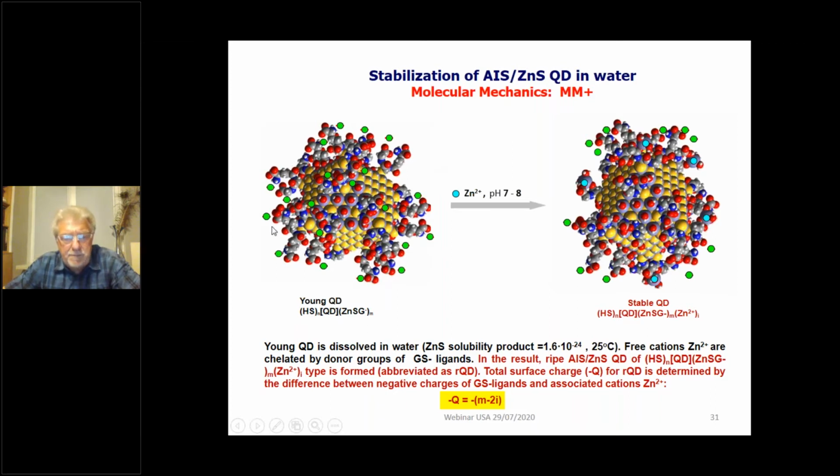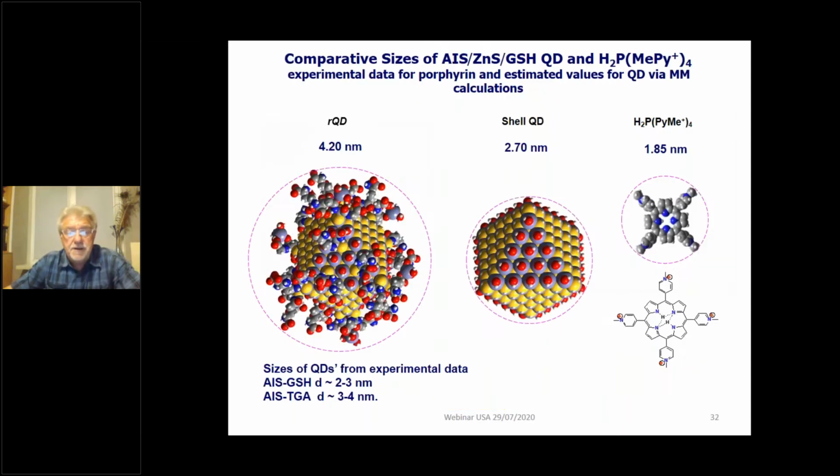It means that we prepared a quantum dot, put it in solution, and received a stable quantum dot of a size very similar to the real size of quantum dots obtained by other experimental methods. After that, we realized the interaction of such quantum dots with porphyrin molecules via electrostatic interactions.